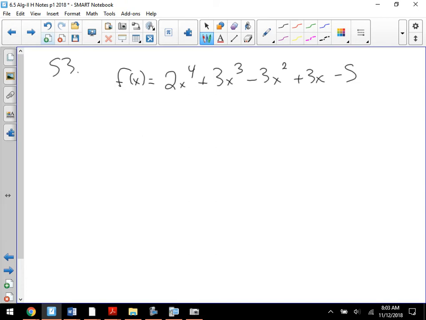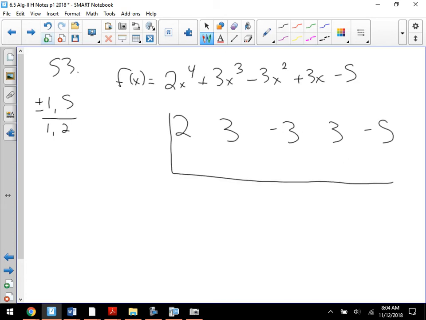So it gives me plus or minus 1, 5 over 1 and 2. So we have 1, 5, 1 half, 5 halves to look for. So we start, make sure I don't have any placeholders I have to worry about missing this time. It doesn't look like I have any placeholders. So we have what, 2, 3, -3, 3, -5. Go with 1.